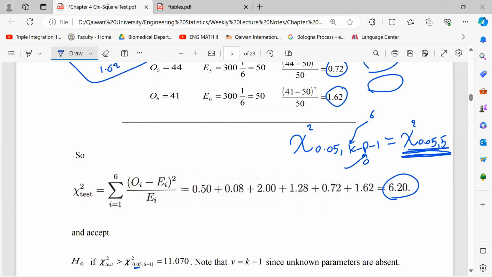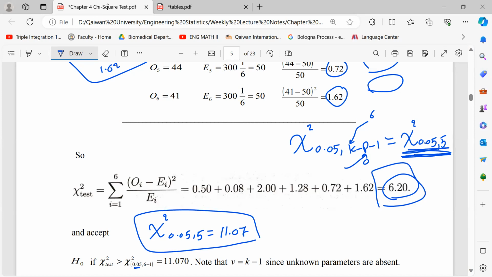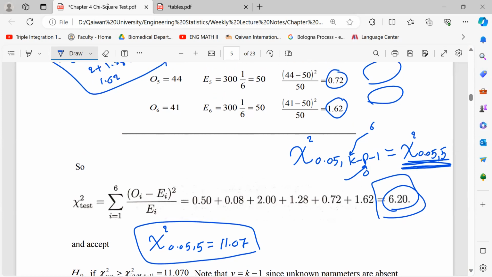Then we say chi-square of 0.05 and 5 is 11.07. Then we compare this one with the above result that you get from the chi-square test.